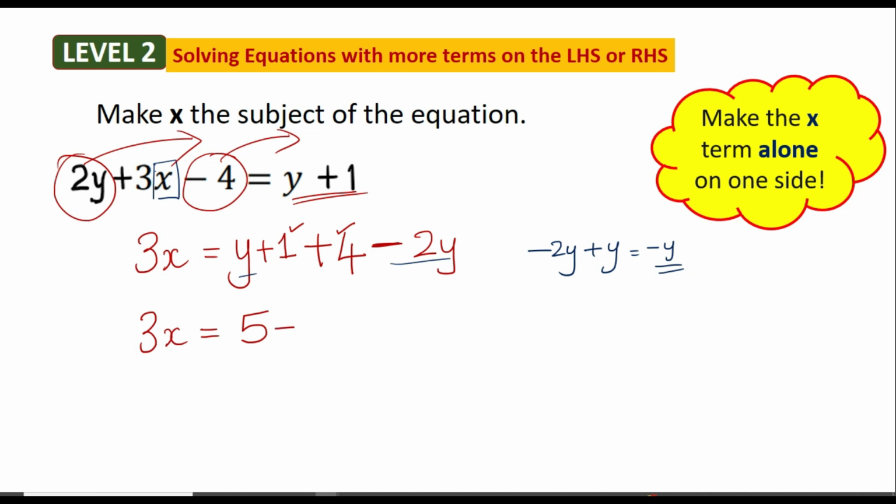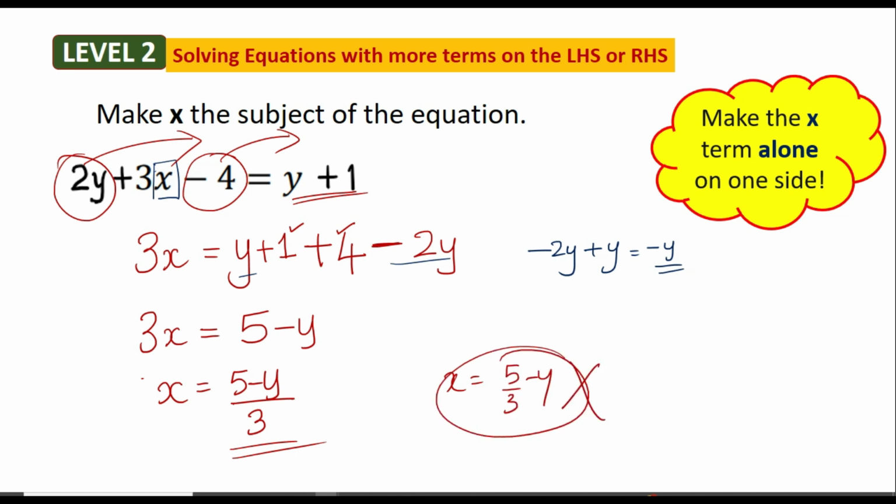So I'll write 5 minus y here, and it is 3x, so x is going to be 5 minus y divided by 3. Just one more reminder, when you put the division sign, don't write it like this. This is wrong. Make sure that you have this division line extended long enough so that the whole term 5 minus y is divided by 3.